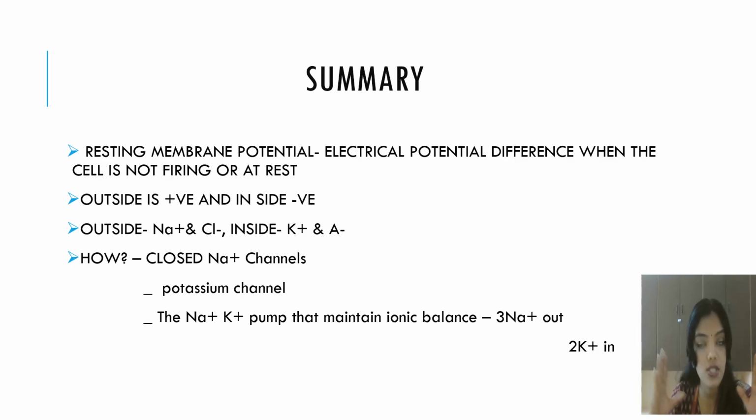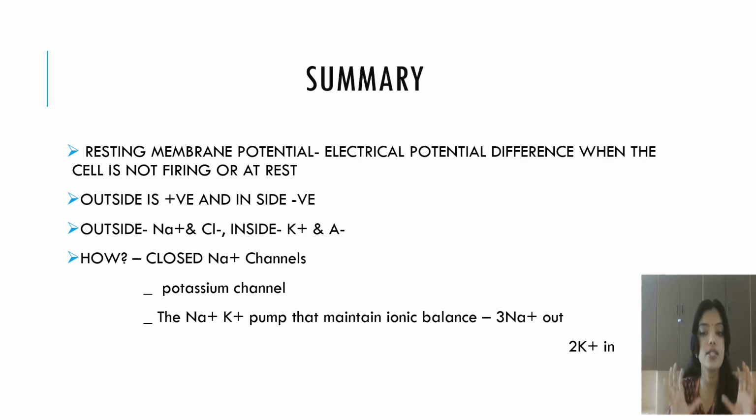This is maintained because of voltage gated channels, which only operate under voltage difference. The sodium gates are closed and the potassium gates are also closed, and the sodium potassium pump maintains the ionic balance by pumping out 3 sodium outside of the cell, and 2 potassium inside of the cell.